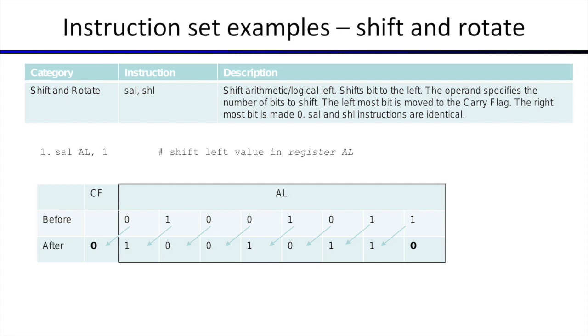So you have 8 bits already. You will push all of these to the left. So the leftmost will drop out. In this case, we have a number where the leftmost bit was 0, so it drops out. The dropped out bit goes to the carry flag, so the carry flag still keeps it. And on the right side, because you're pushing to the left, now you have a hole on the least significant bit.